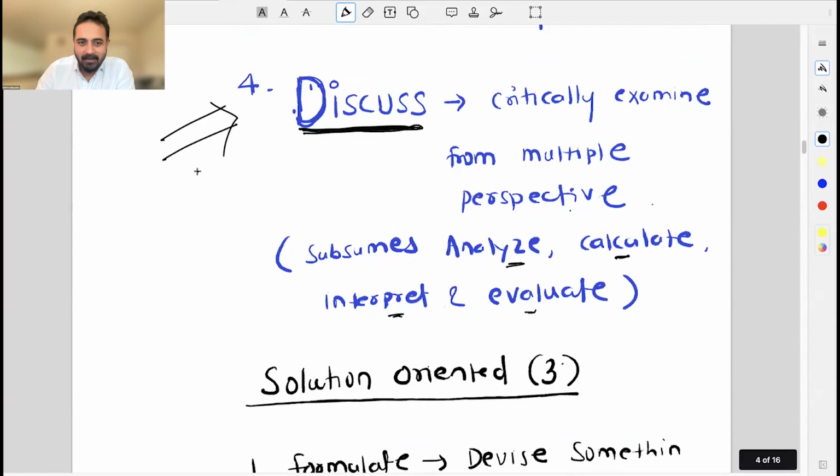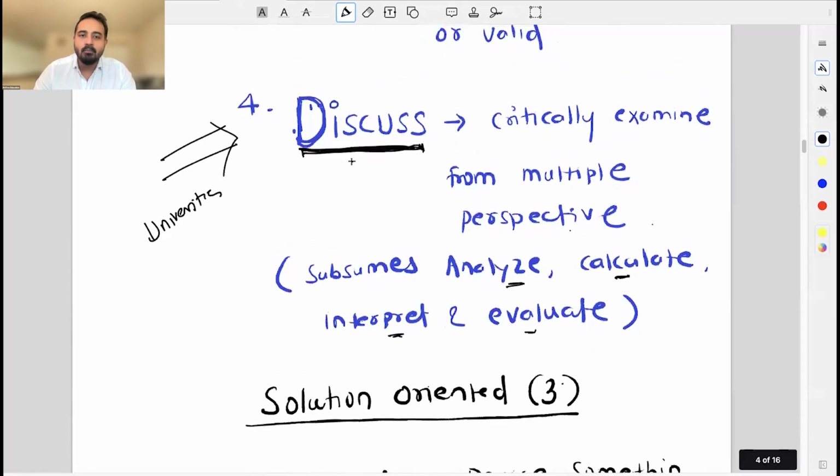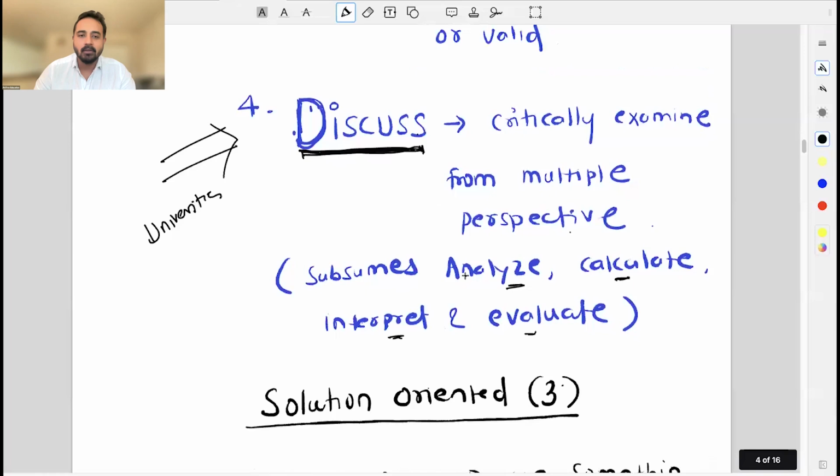So I would rather recommend discussion is similar to the kind of answers we are used to writing in Indian universities, right? A comprehensive answer, that's what you'll have to do. Probability of this command word showing up is unlikely, but if it does, then know that it gives you the most flexibility in terms of explaining the concept.